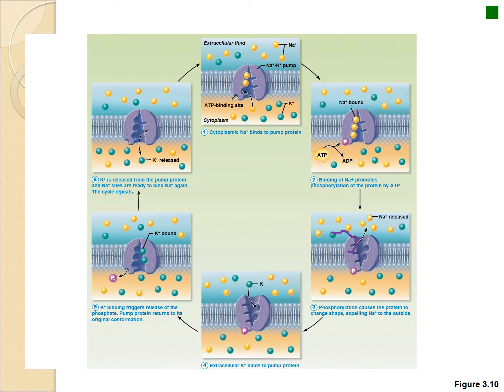And this is kind of cool: we can maintain a high level of potassium here and dilute the potassium there. And we don't always have these types of pumps. Most pumps only work in one direction, or they can work in both depending on how they're situated in the cell, because you can flip them. The cell membrane is fluid, but usually we have ones that only move one thing at a time. The sodium-potassium pump is very unique, but we do have sodium pumps, calcium pumps, potassium pumps, and other types of pumps.